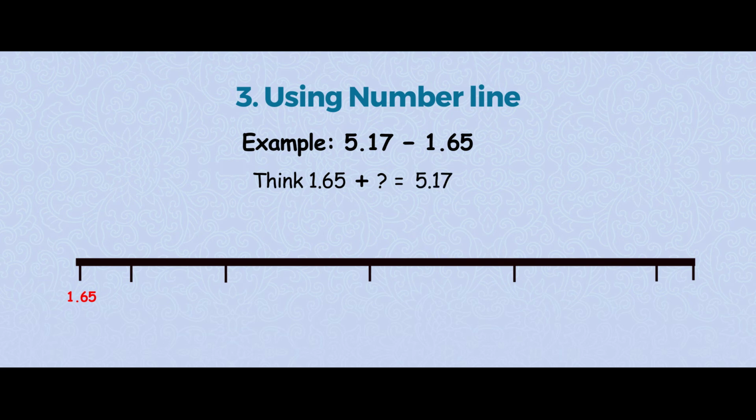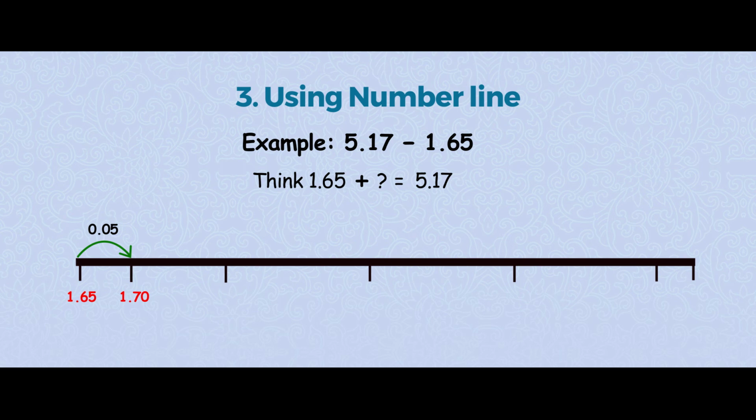So 1.65, in that decimal part, you can see that 6 is in the 10th place and 5 in the 100th place. So when you have 10 100, it will give you 1/10, right? So let us add 0.05, which means 5/100, to 1.65.